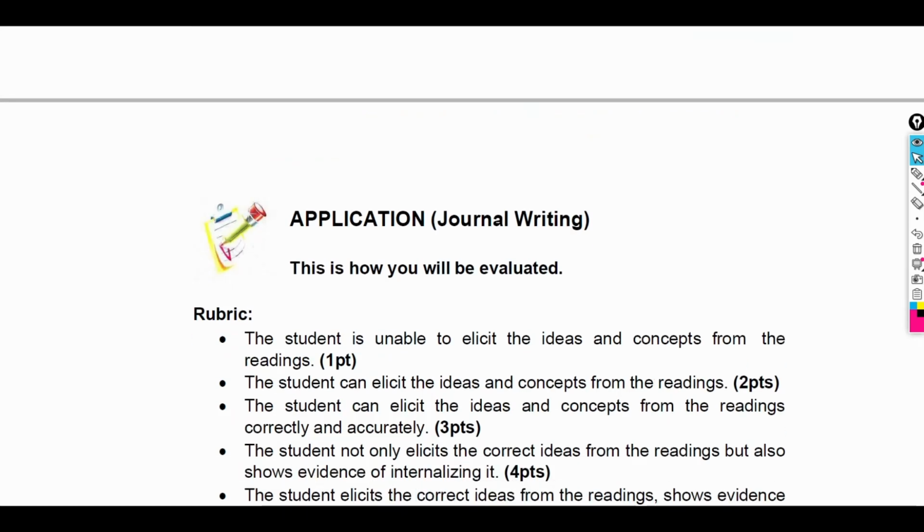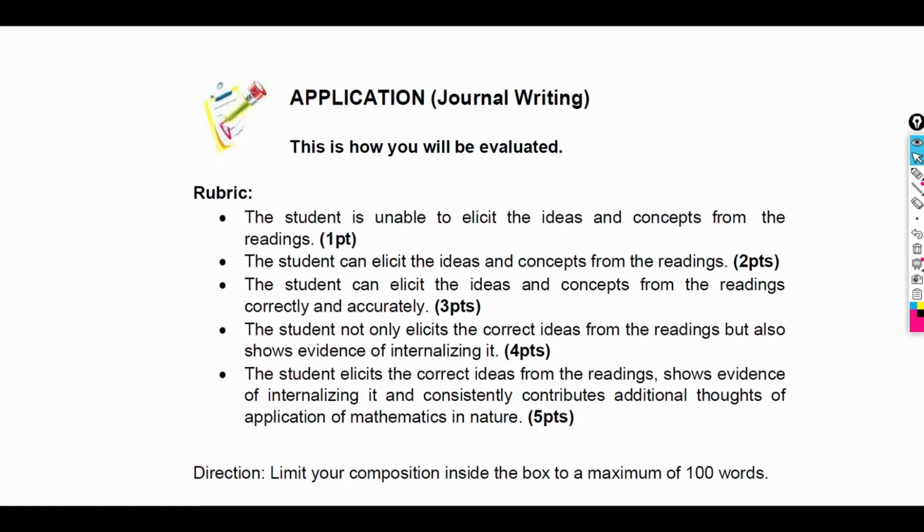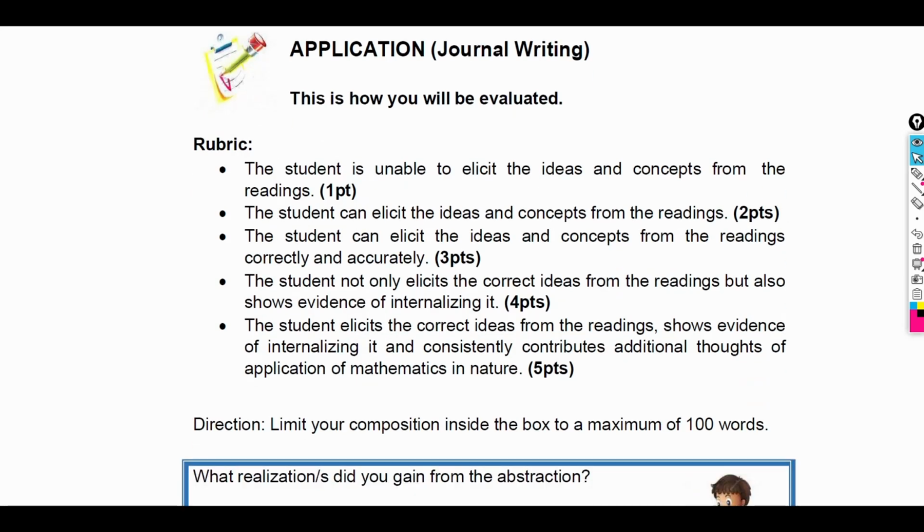Continuing, for the application, the journal writing, this is how you will be evaluated. Rubric, what is a rubric? As per dictionary, a rubric is a statement of purpose or function. So for the journal writing, you will be evaluated as per these items enumerated here.